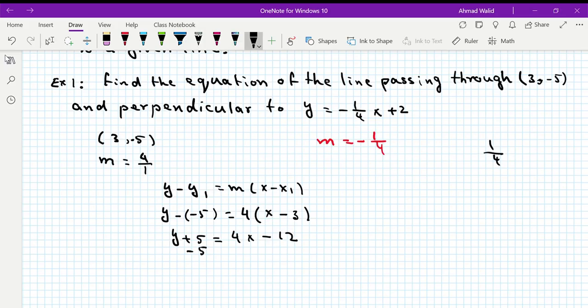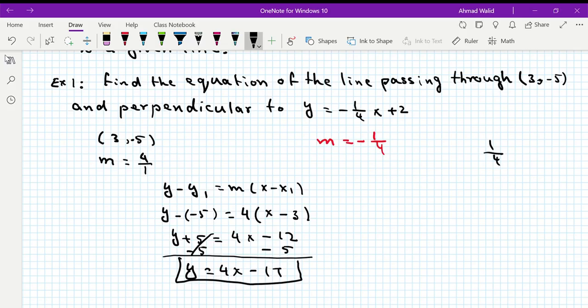Subtract 5 from both sides. Then y equals 4x minus 17 is the equation of the line which is perpendicular to y equals negative 1/4 x plus 2. Correct?